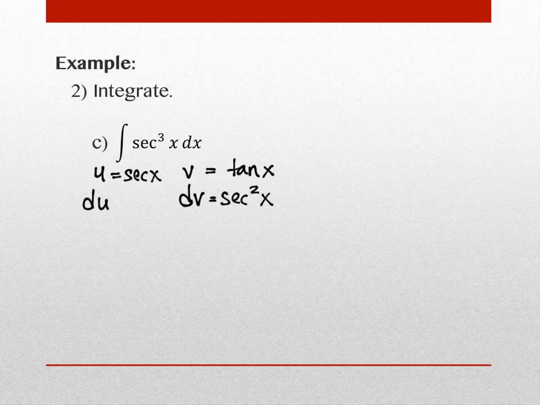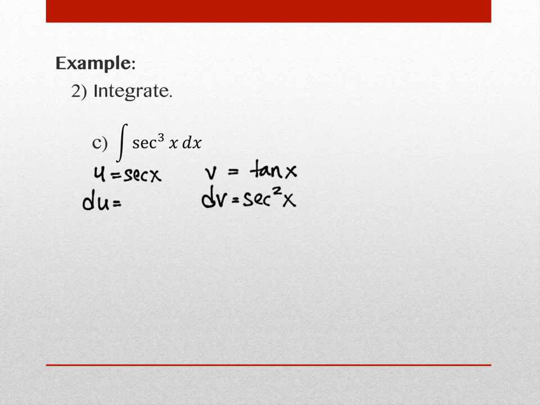So all those pieces are very quickly determined just by knowing which guideline we're working with. Now, the last piece, the du, may or may not be straightforward. It depends on the other pieces that are there, and it will change from problem to problem. But what is the derivative of u? That is, what's the derivative of secant? Secant x tangent x. Okay, everybody good so far?